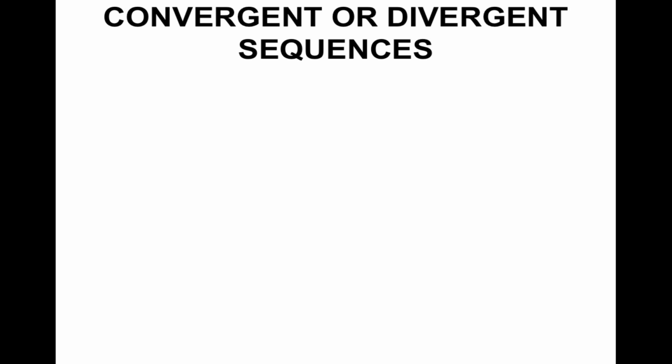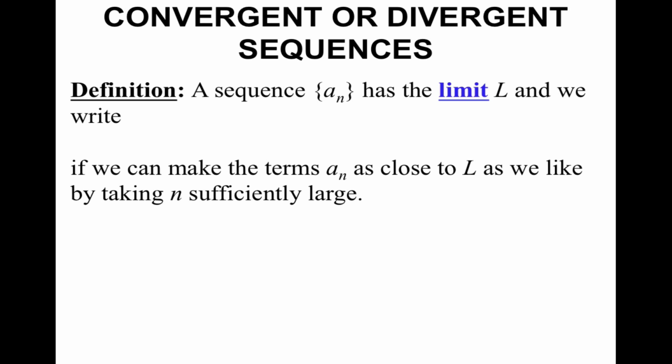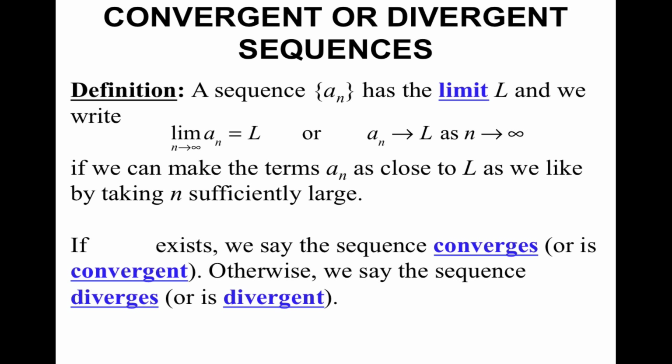All right, so now we're going to look at convergent or divergent sequences. A sequence, a sub n, has the limit L, and we can write that as the limit as n approaches infinity of a sub n equals L, or a sub n approaches L as n approaches infinity, if we can make the terms a sub n as close to L as we like by taking n sufficiently large.